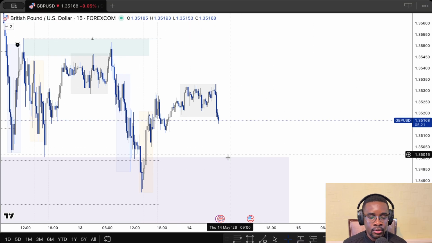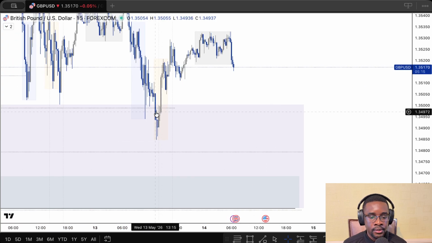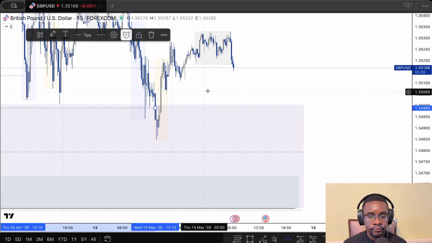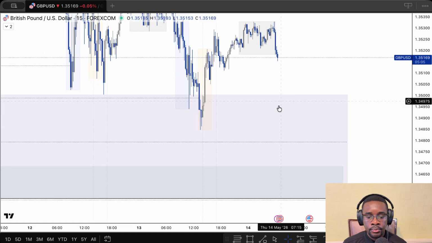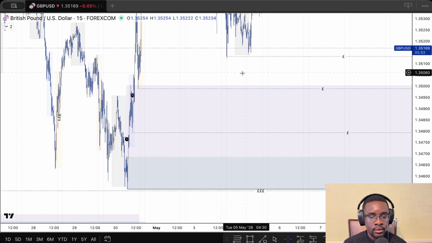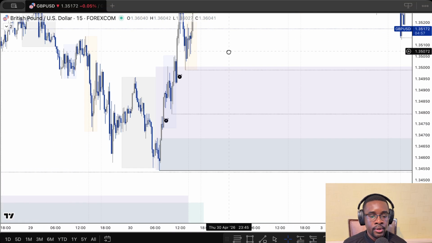So my expectation, because I was looking for longs, I was expecting price to at least come in, mitigate or sweep this area as well. However, it only swept this one and then pushed up. So I'm looking at price continuing to the downside.